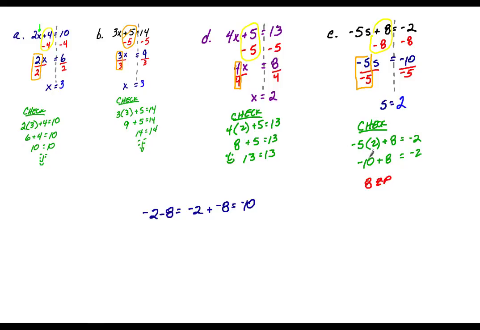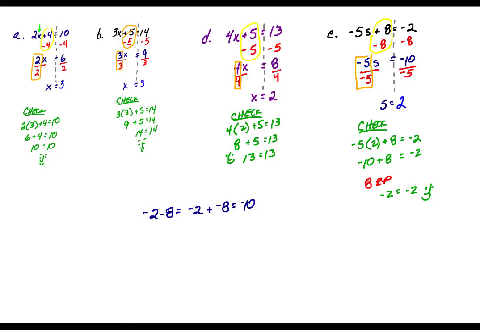So 8 positives cancel out 8 of the negatives, which means 2 of the negatives are left, which is exactly what I needed. So if you need to, go back and look through those problems again. This is the fundamental idea behind solving two-step equations.